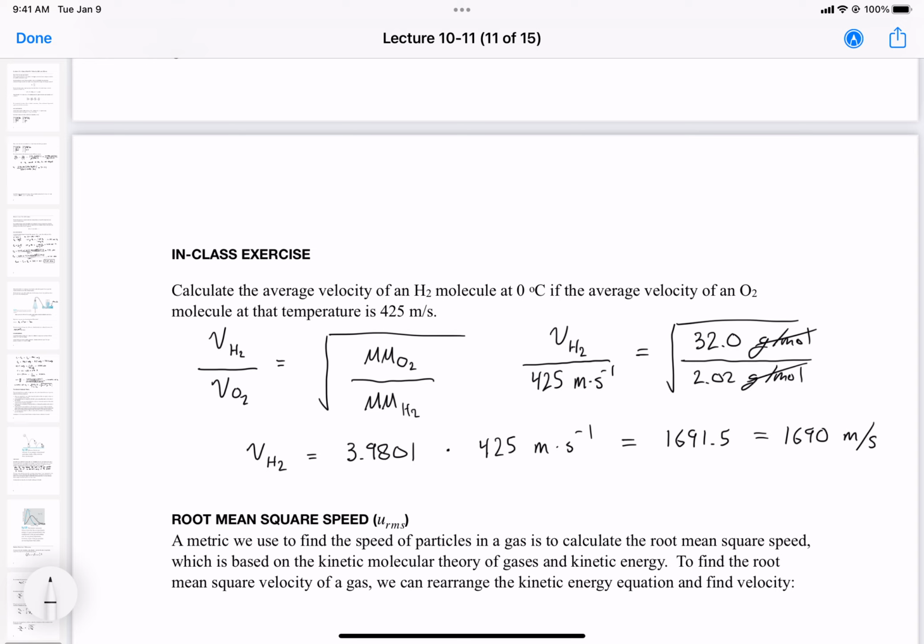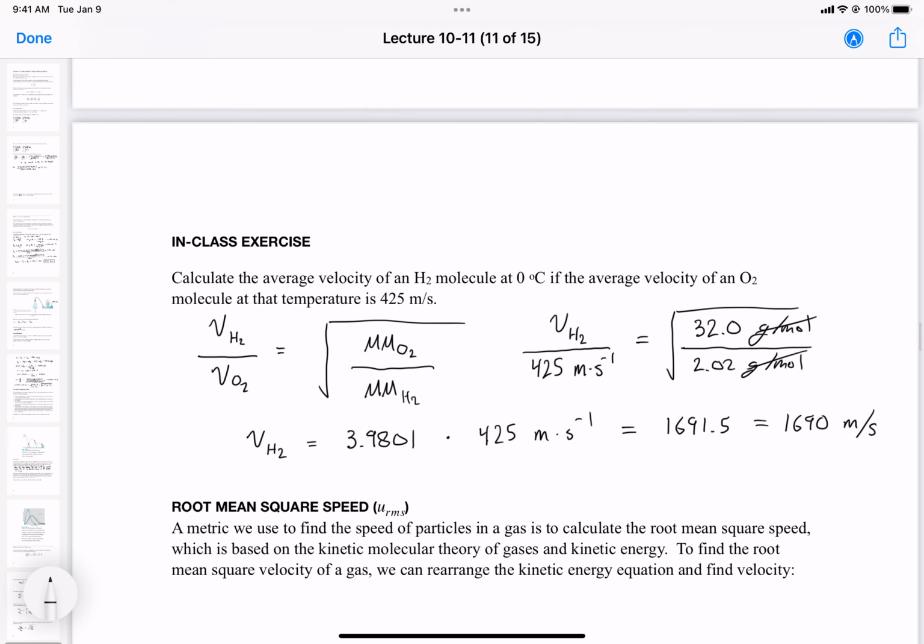So for gas particles, the average speed is a little bit different because it depends on the mass of the gas. And usually hydrogen has a lesser mass, so it will move faster than something like oxygen or argon, something even more massive.